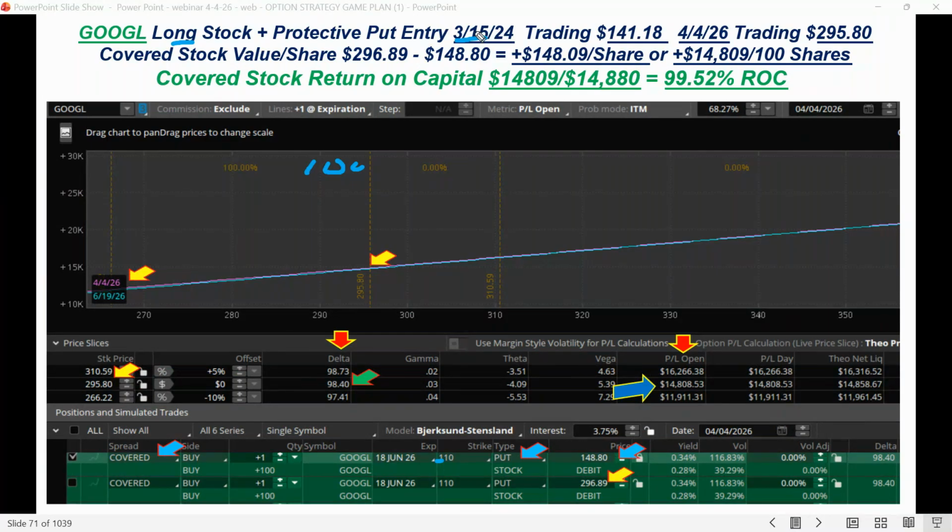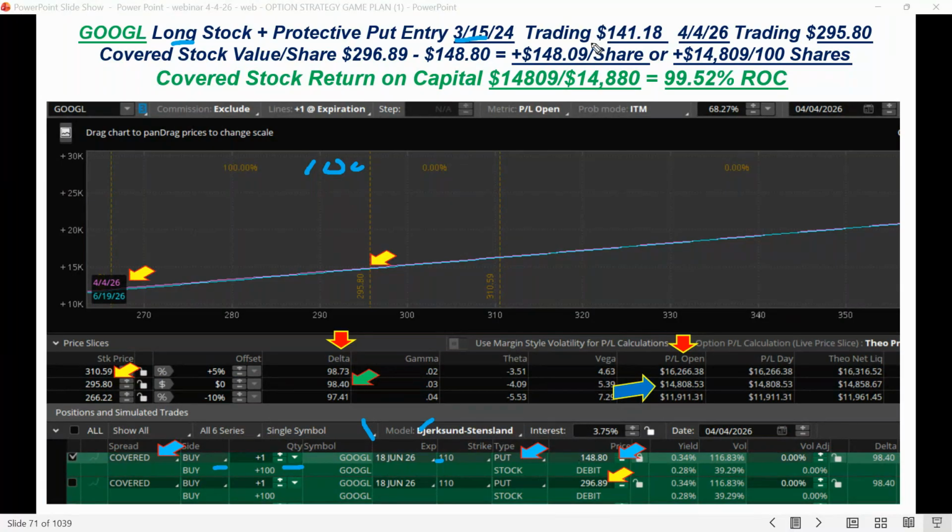At that time, on the 15th of March 2024, that cost was $148.80, the debit cost to do this, 100 shares long with one put below it, the 110 put on the 18 June 2026, okay?